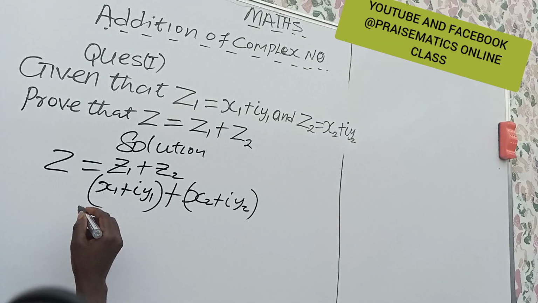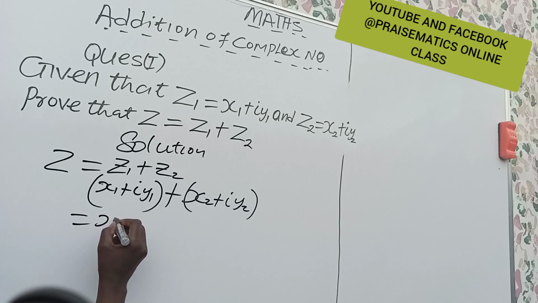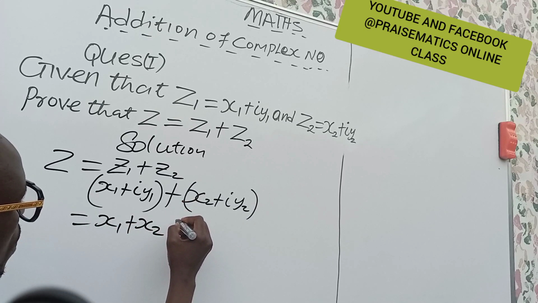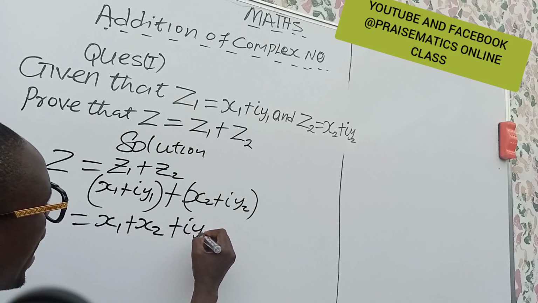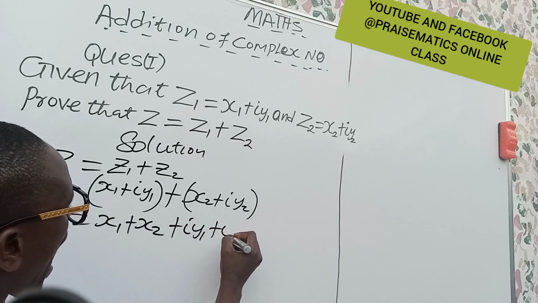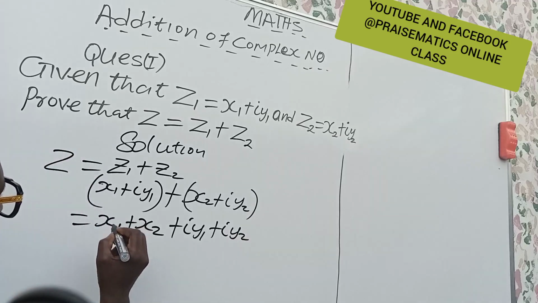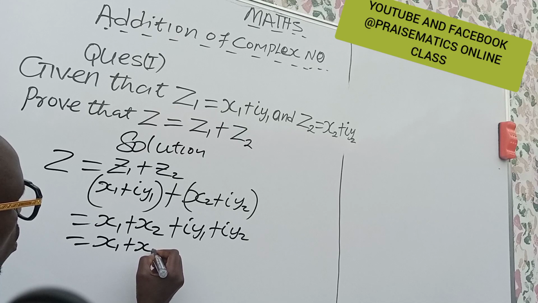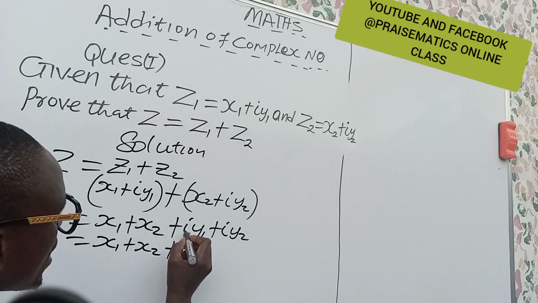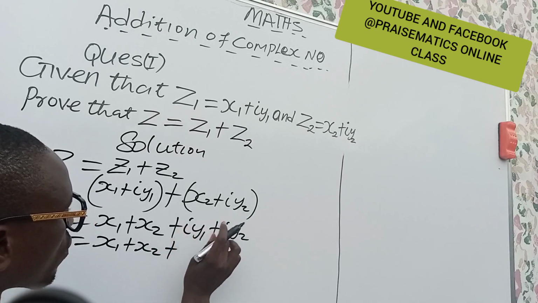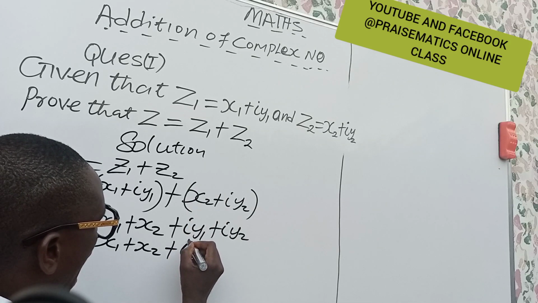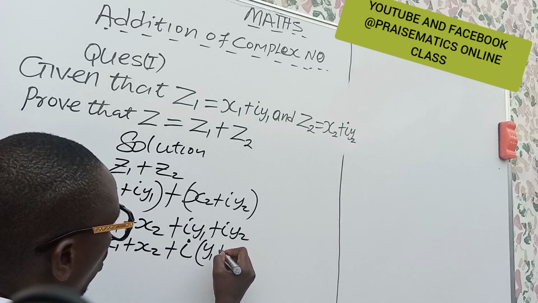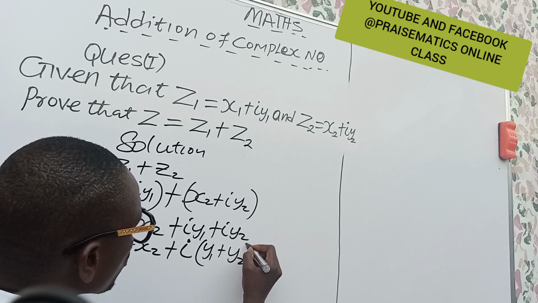That is, we have x1 plus x2 plus i y1 plus i y2. Now, x1 plus x2 plus i is common, so I factor i out. We have it as i into y1 plus y2.